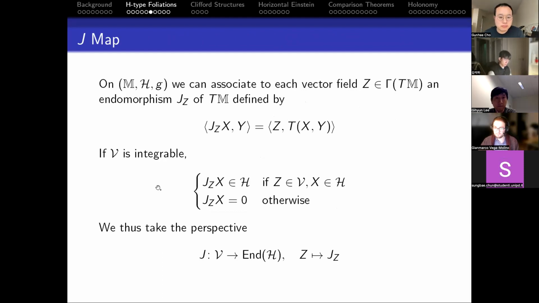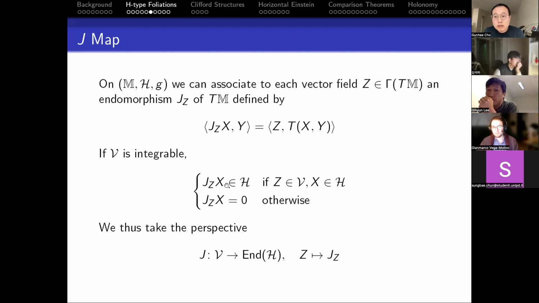The last thing we do is introduce this endomorphism called the J map. For every vertical vector Z, you can do it for any vector, but it turns out we just have it be 0 for the ones that are horizontal. So for any vertical vector Z, I define J_Z X against Y to be equal to Z against the torsion of X, Y, where this angle bracket is another notation for the Riemannian metric. Then you get it pretty quickly: if Z is horizontal, this happens.